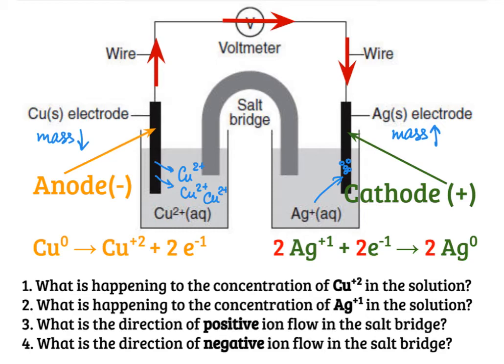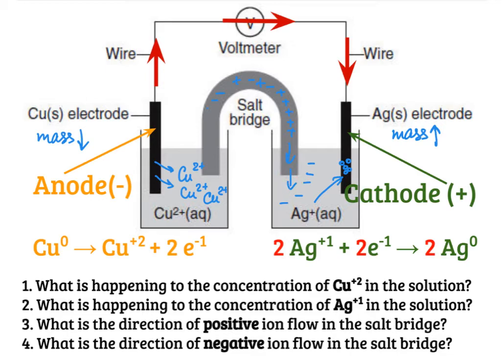What is the direction of the positive ion flow in the salt bridge? Okay, positive ions will be attracted to a negative solution. We probably will have an increase of the negative charge right here in the right jar, because there will be less and less positively charged ions in it as the ions of silver are getting reduced.